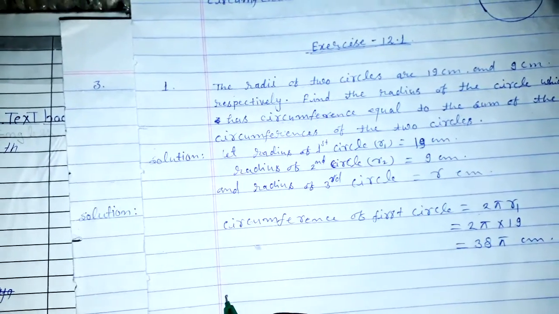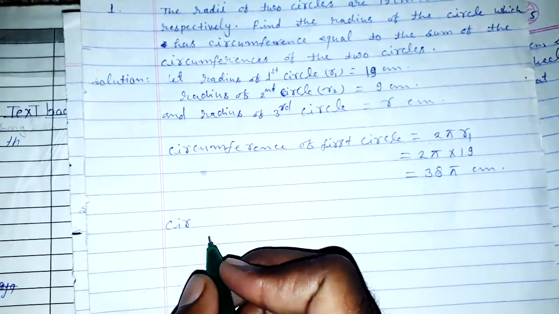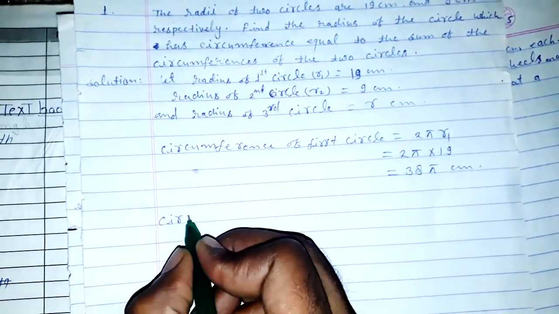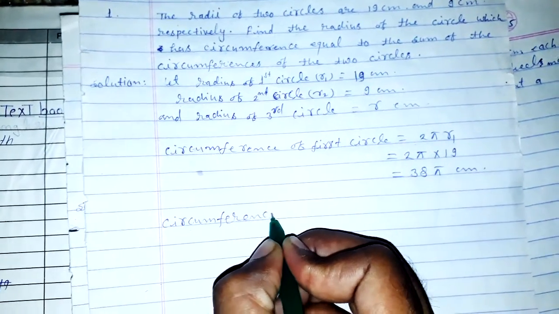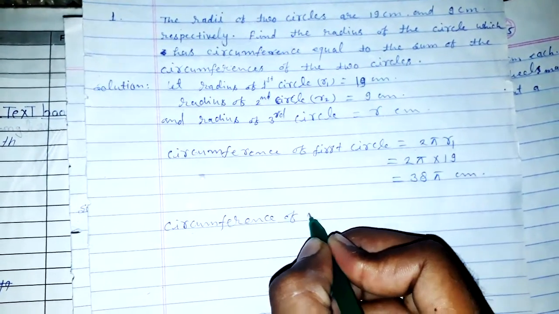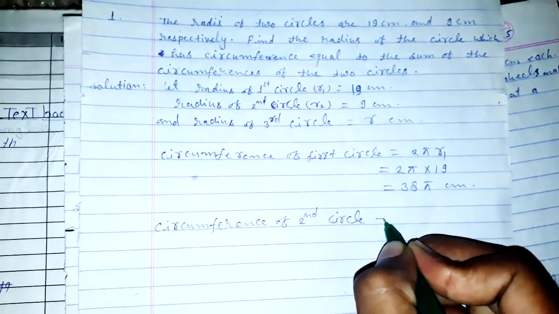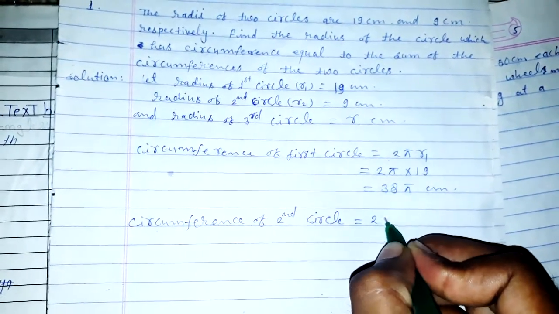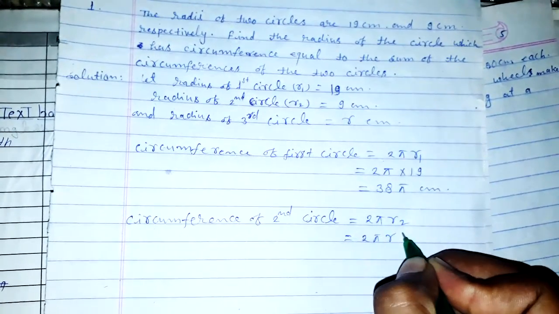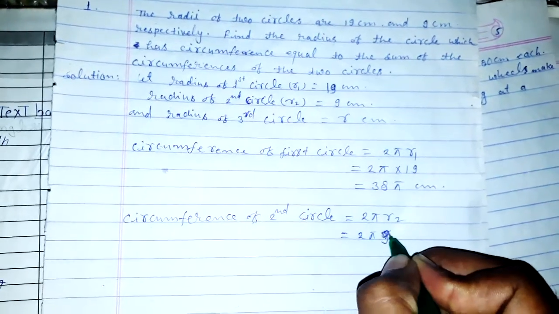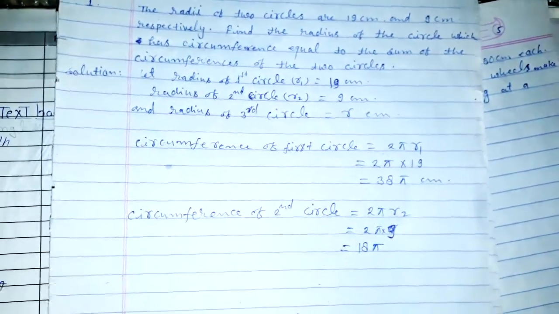Next, the circumference of the second circle is 2 pi r2. What is r2? r2 is 9. So this is 18 pi.